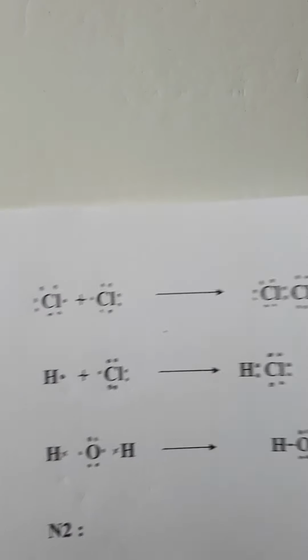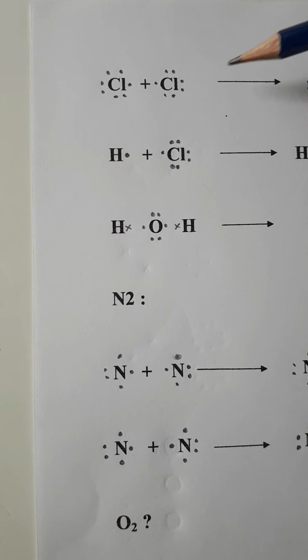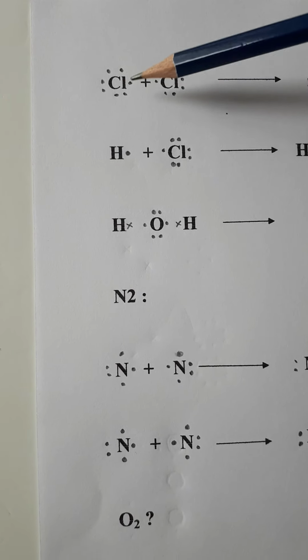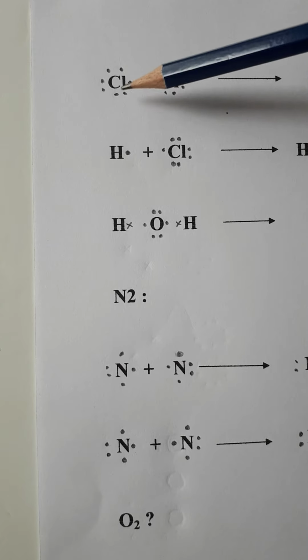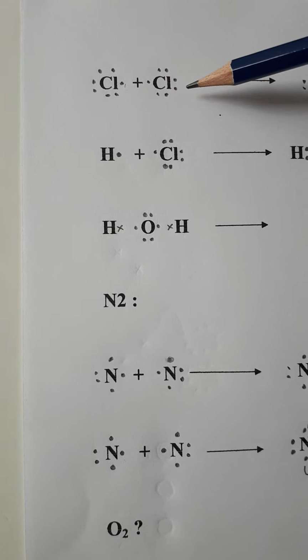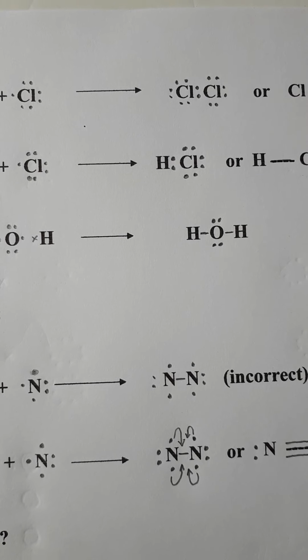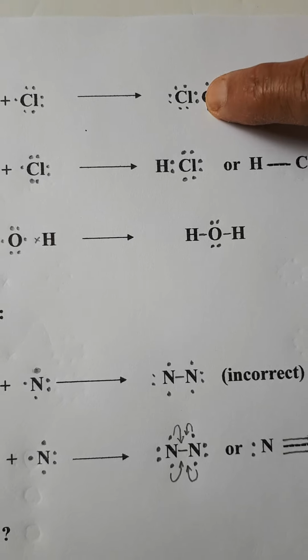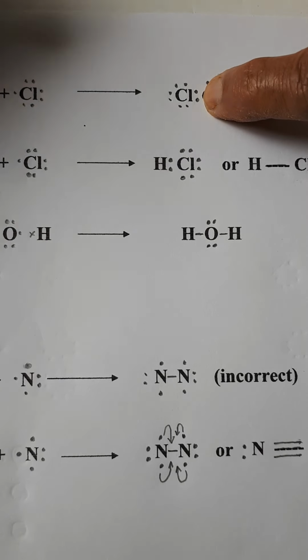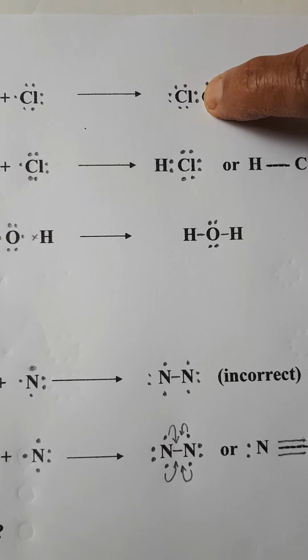Now let's see the chlorine molecule, Cl2. So these are our Lewis symbols for chlorine atoms. So these 2 electrons will be shared between them here. And again, let's cover one atom. Now this atom feels that it has 8 electrons in the outermost shell.